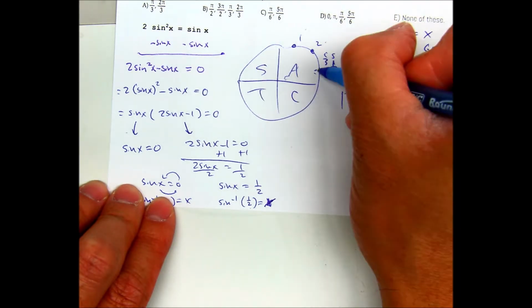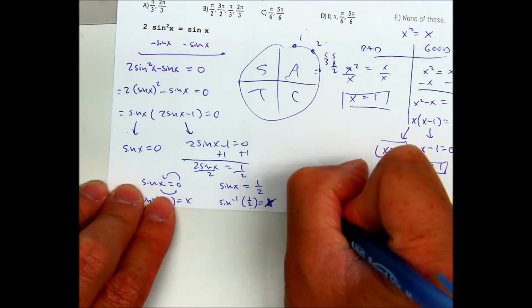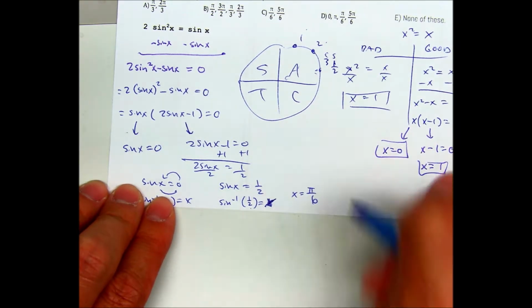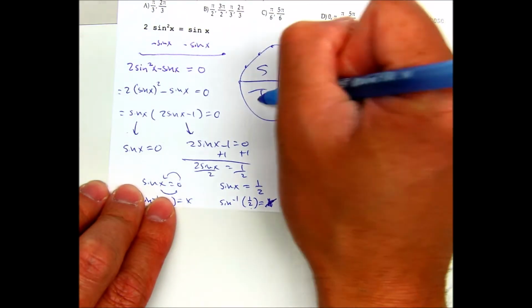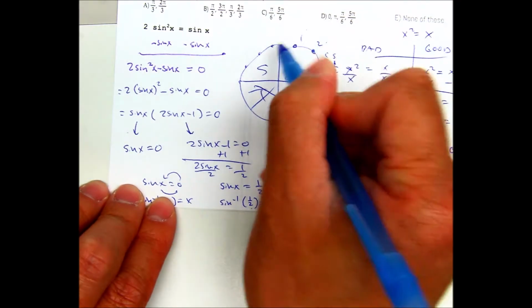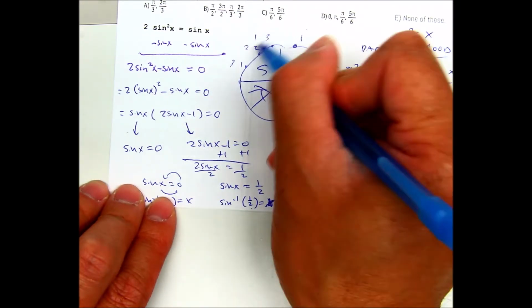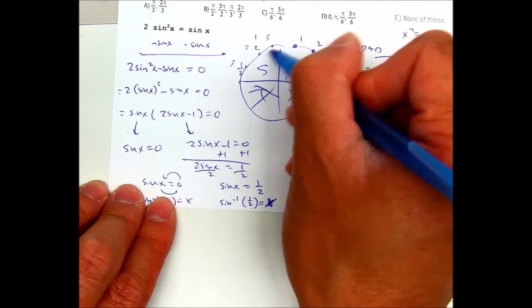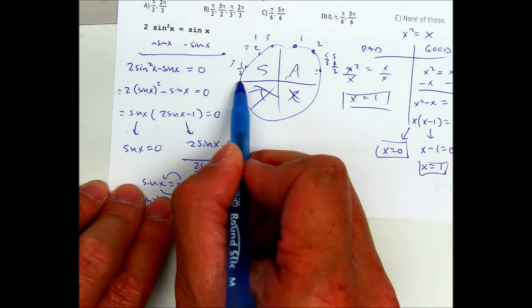This would be pi over 6. And then on this side, again 1, 2, 3, 1, 2, 3. So that would be right here. So this is 6 pi over 6 because this is pi. And so one before would be 5 pi over 6.